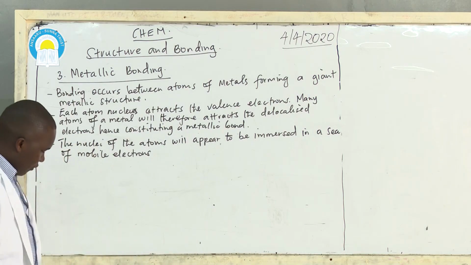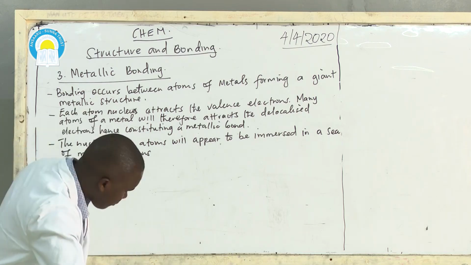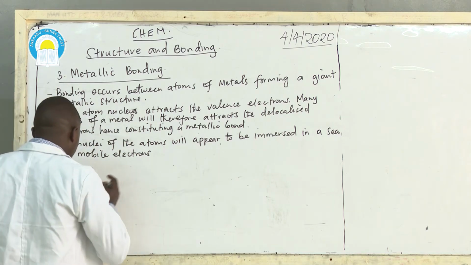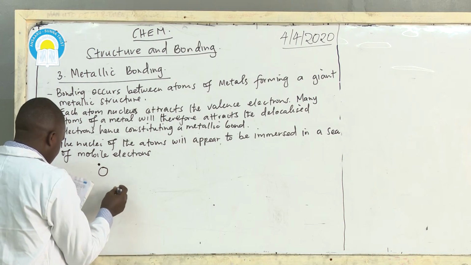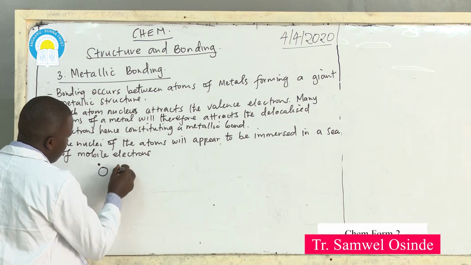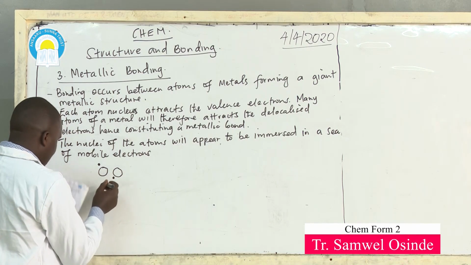So you will find, for example, if you have a sodium atom, 1 delocalized electron, there's another sodium atom, another one there.